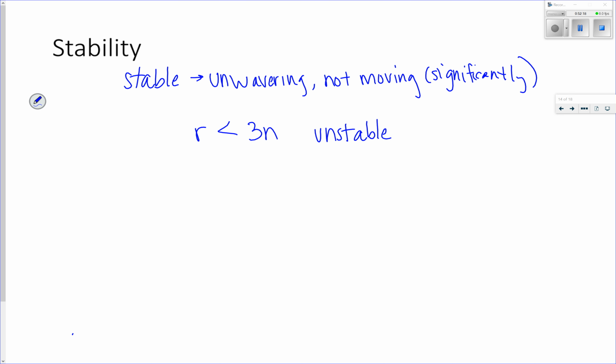If you have enough reactions, or even more reactions than equations of equilibrium, you could be unstable if all of your reactions are concurrent or parallel, and we'll look at what that means.